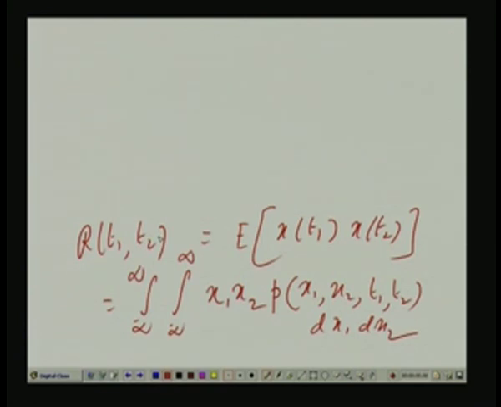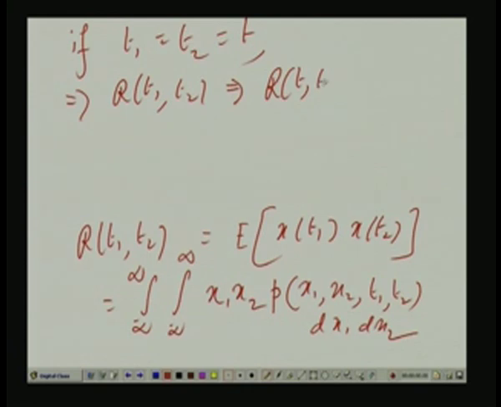That is, if t1 equal to t2 equal to t, then R of t, t is E of x square of t, which is nothing but expected power.